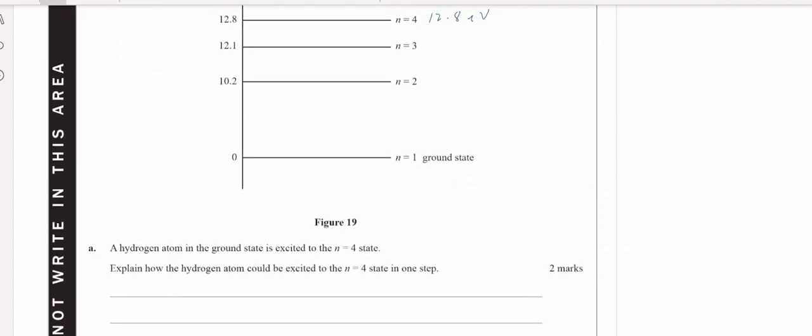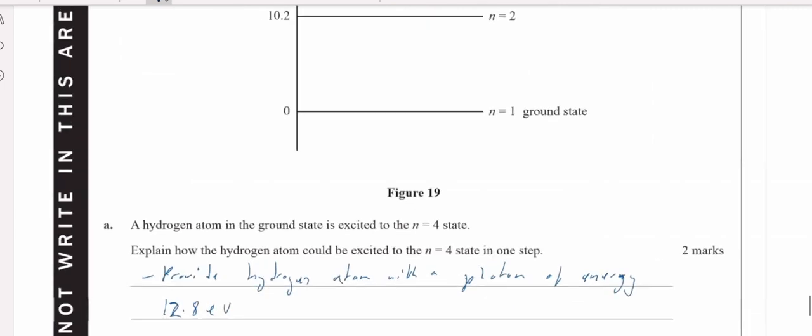For that, you just need to provide the hydrogen atom with a photon of energy 0.8 electron volts.